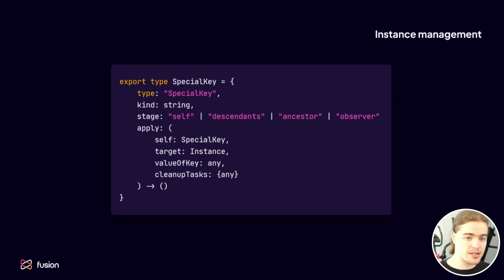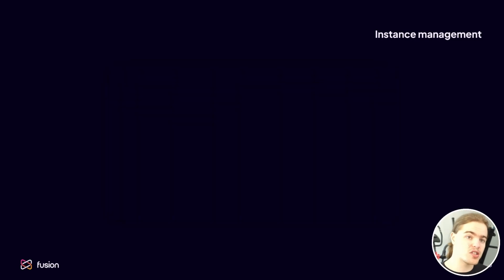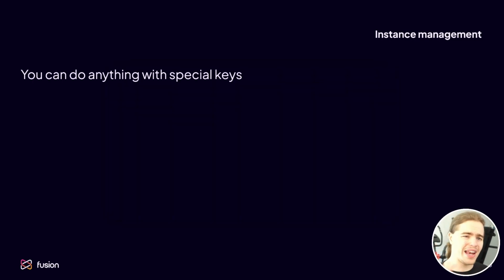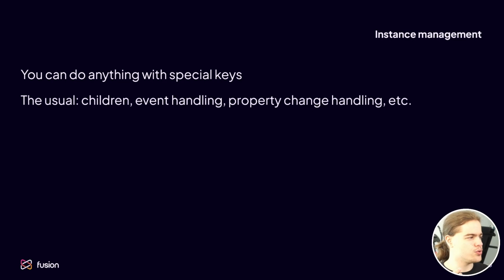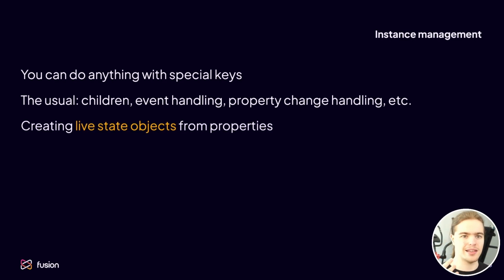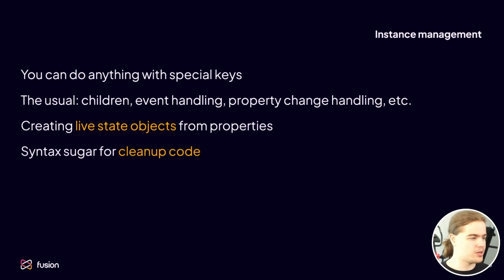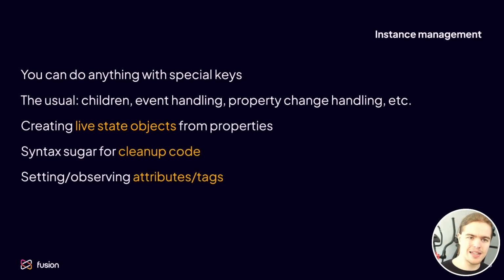It receives the instance and the value passed in via the property table, but it also conveniently gets a cleanup table in case it wants to run any code when the instance is destroyed. The great thing about special keys is that you can do almost anything with them. Of course, you have your usual children assignments and event handling, which should be familiar to React users already, but we even provide facilities for creating live updating state objects from properties, or nicer syntax sugar for cleaning up stuff alongside the instance, or even just recently, setting and observing attributes and tags.